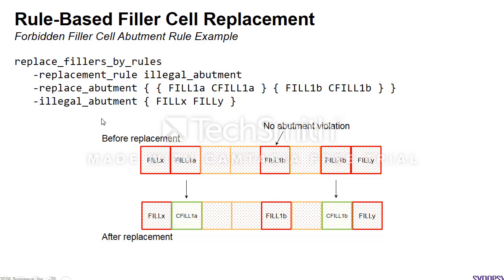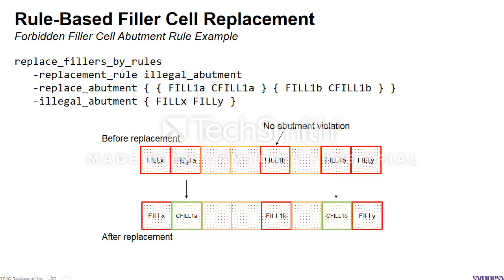For example, an illegal abutment is feeder X and feeder Y. Y here is just an example. This example is feeder X and feeder 1A. It's an illegal abutment, and it will replace the abutment in this part.